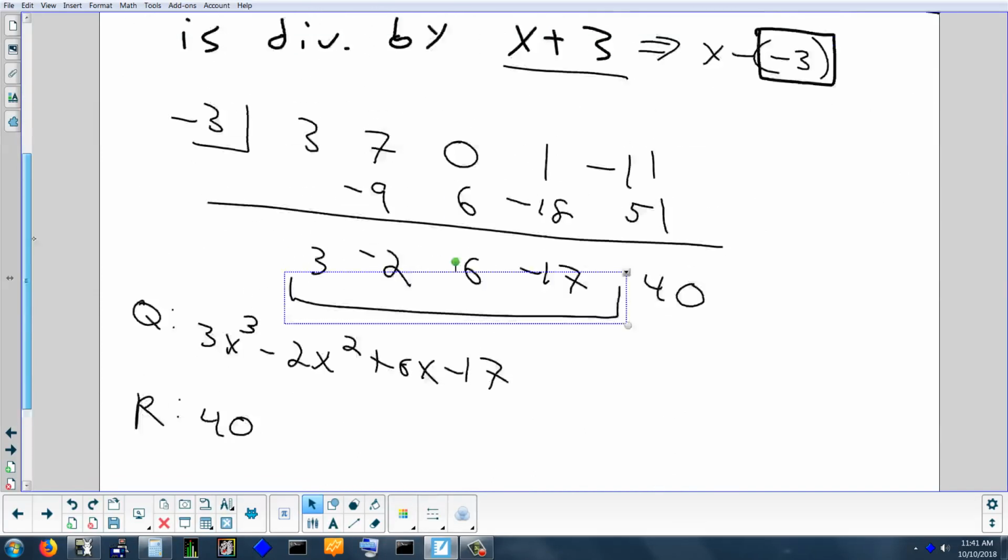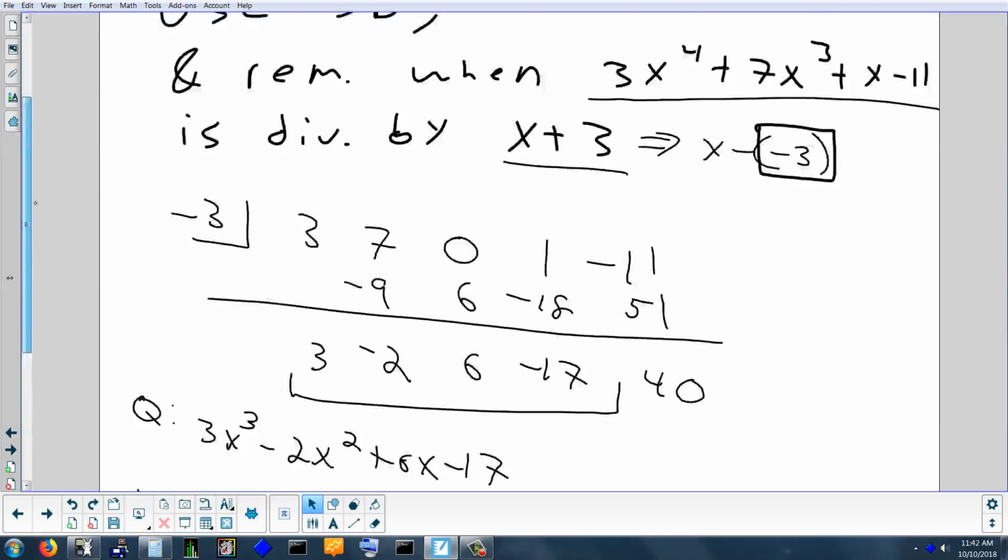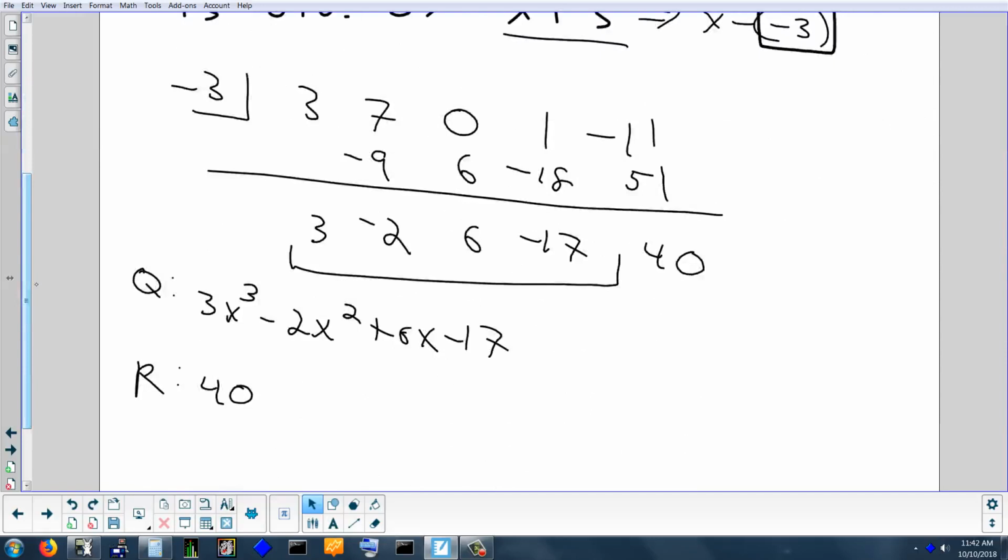I did go through it kind of quick, so you want to double check, but I'm pretty sure all the arithmetic looks correct, except I had 61 instead of 51, but that would have messed up the remainder. Any questions on it?